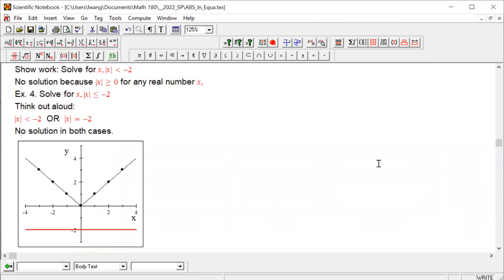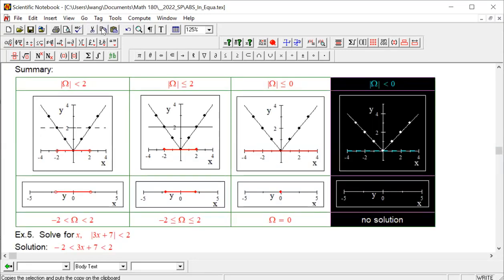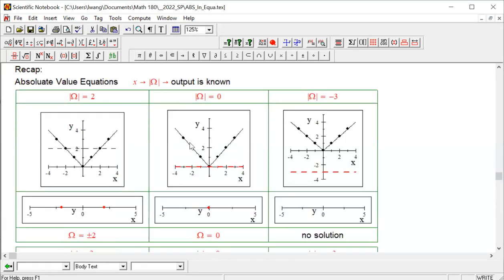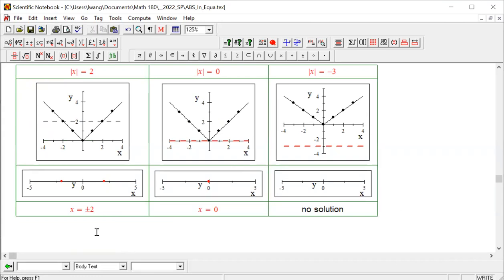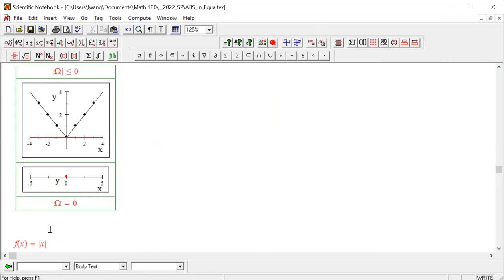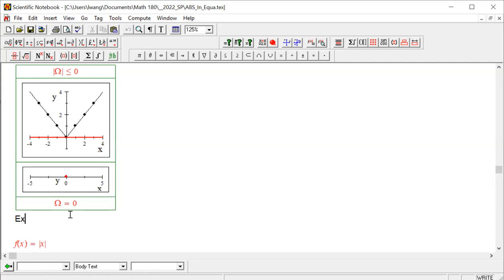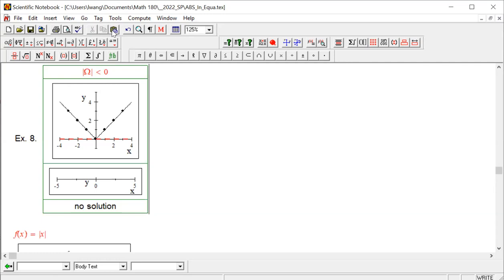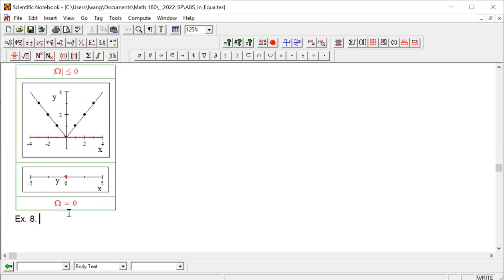And last but not least is this model. This should be my example number 8. On this model, of course, we are aware of it, we don't need to show work, right?